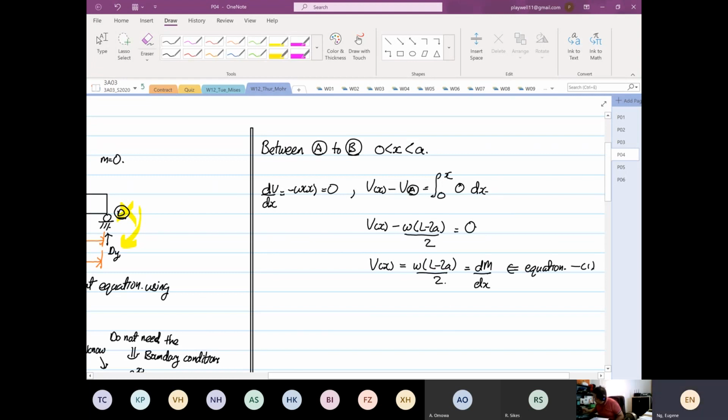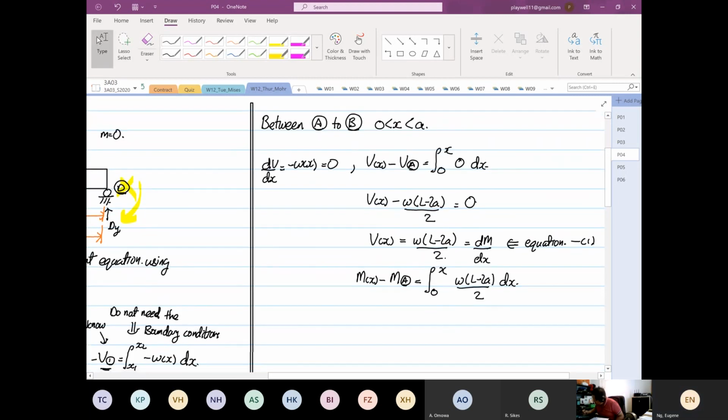Then the next thing we do is integrate, since we have the moment now. Moment as a function of x minus the moment at point A is equal to the integral from 0 to a distance x of omega (L minus 2A) divided by 2 dx. We know that the moment at point A is equal to 0, so m as a function of x is equal to omega (L minus 2A) divided by 2 times x.